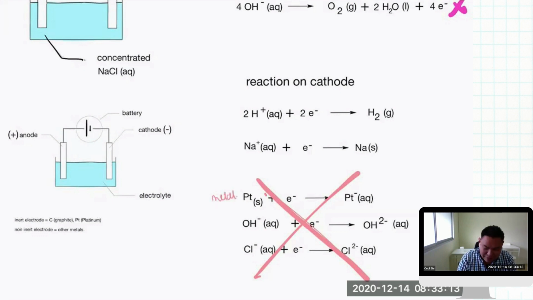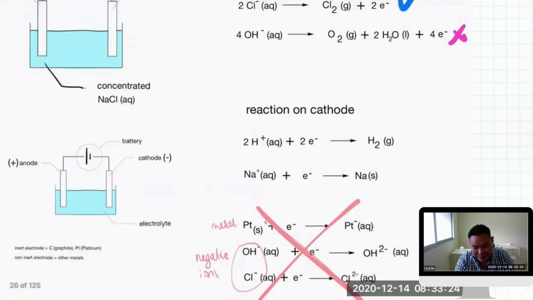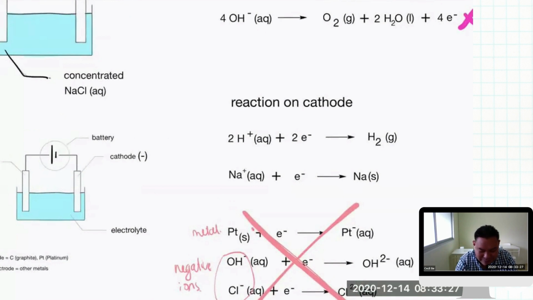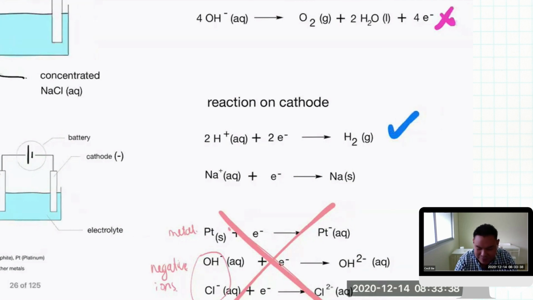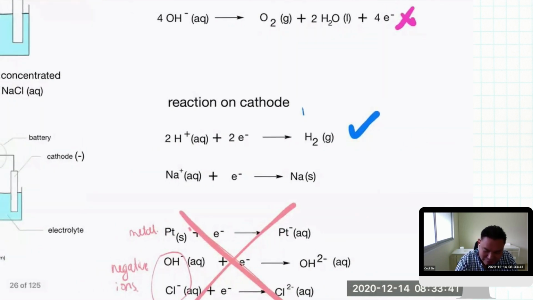OH minus and Cl minus because they are negative ions. They are already negative ions, right? It's difficult for them to turn into even more negative. You have H plus and Na plus. Which one do you choose? H plus, which will turn into H2, because H2 is lower in reactivity series. This is a more stable product.